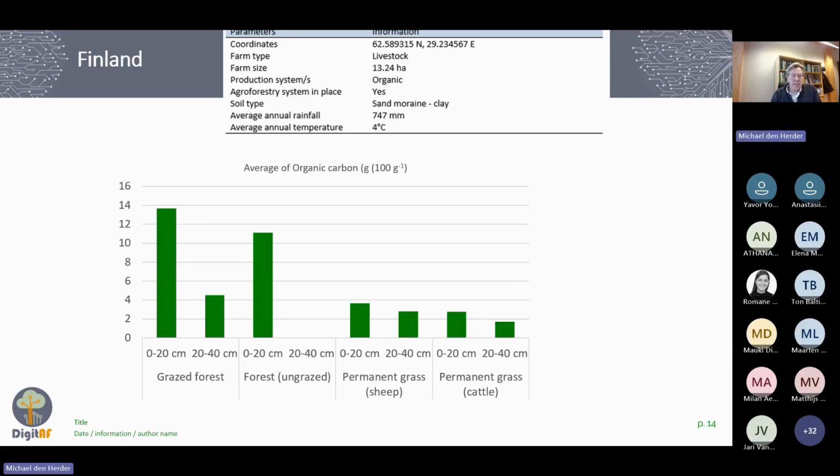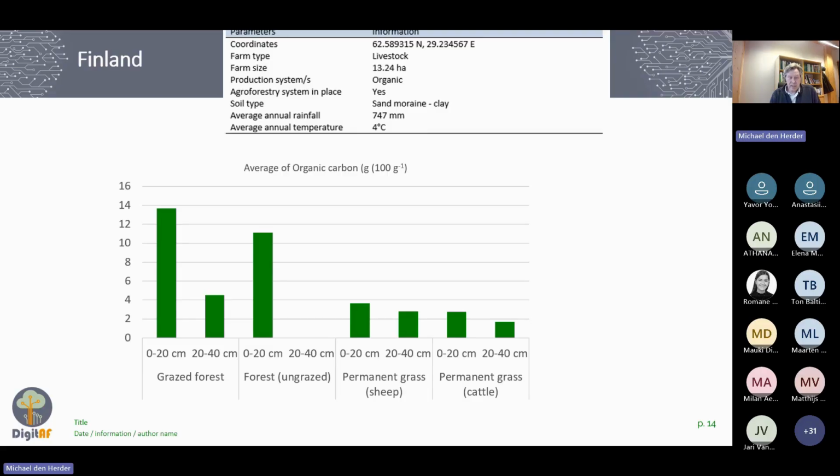So in the Finnish side, we compared grazed forest and ungrazed forest, and then open pastures without trees, so permanent grass with no tree cover. And here you see that the soil organic carbon was the highest in the grazed forest in the top layer, so the layer from 0 to 20 centimeters depth.